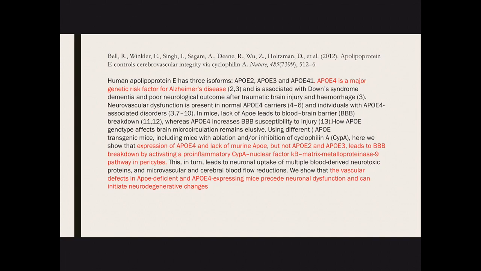And this has been tracked down to a pro-inflammatory type A nuclear factor KB matrix metalloproteinase 9 pathway in parasites. So I know your eyes are glazing over, but it's a well-defined chain that is important in protecting the health of parasites.